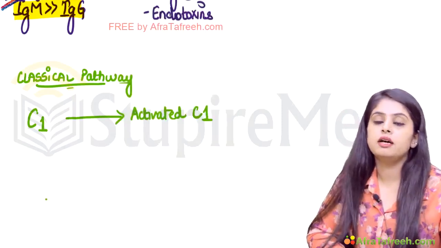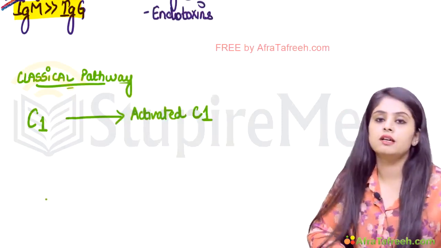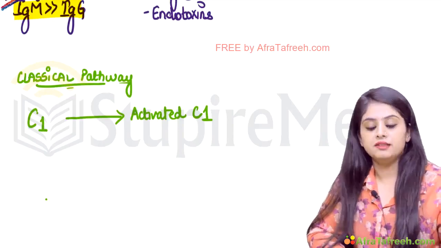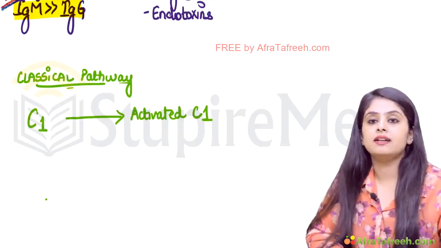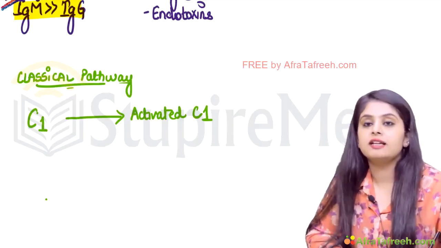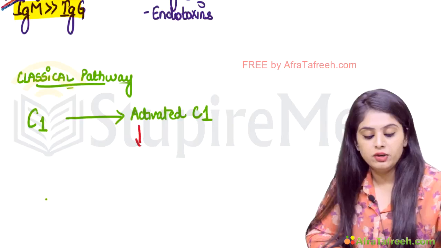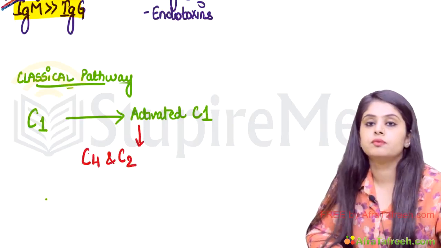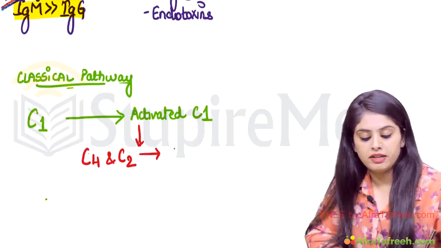So the classical pathway is going to start in a classical way from the first complement protein C1, which is then going to get converted into activated C1. Following this, activated C1 is then going to activate C4 and C2 to form a complex C4b2a.